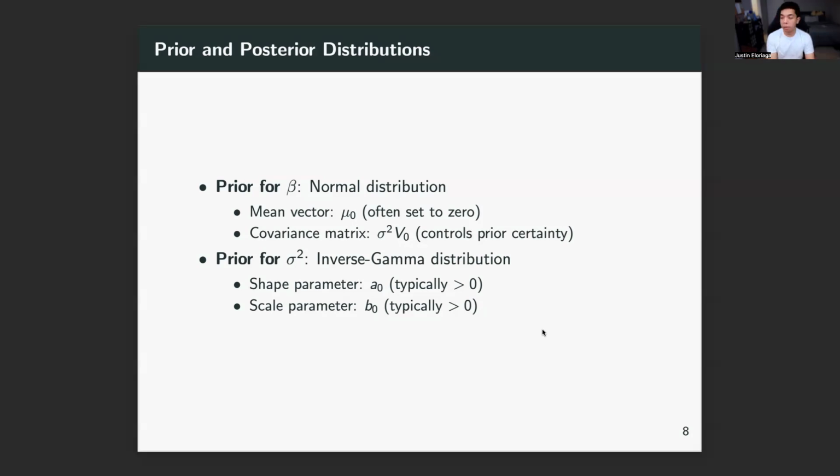So it's pinned down by two hyperparameters, our mean and our covariance matrix. Our prior for the error variance, on the other hand, will follow an inverse gamma distribution. That prior is pinned down by two hyperparameters, our shape parameter A0 and our scale parameter B0.